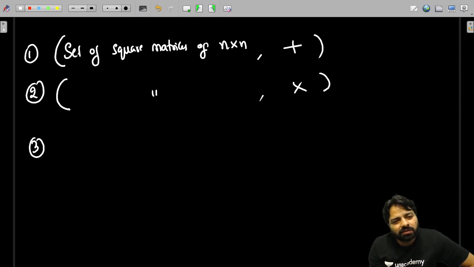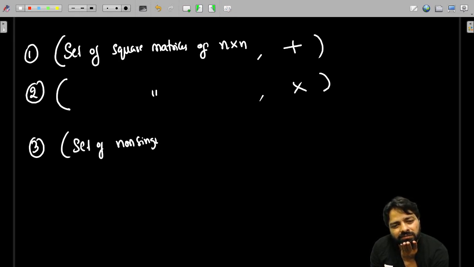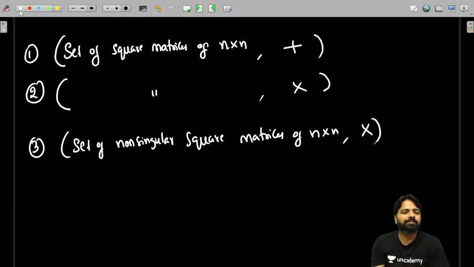And third one, set of, okay, take the same again. Small change here, set of non-singular square matrices. At least know the definition of singular and non-singular, then you can answer it. And multiplication only I am going specially.